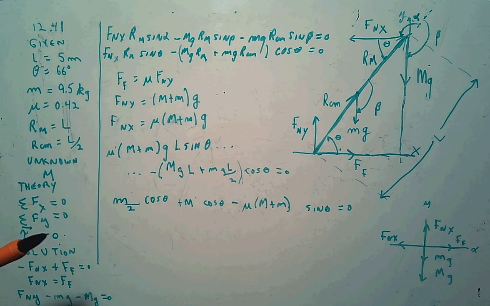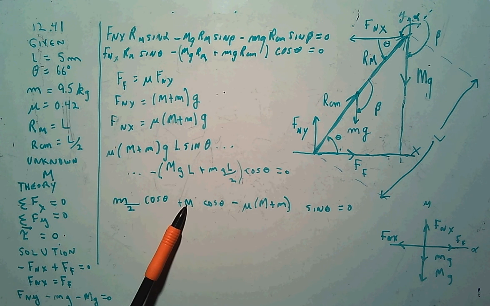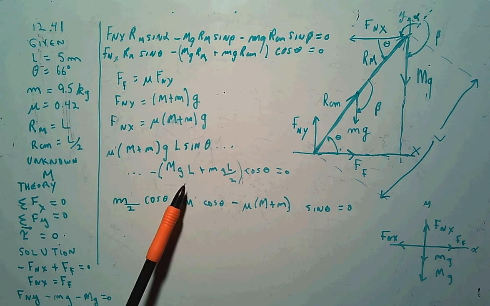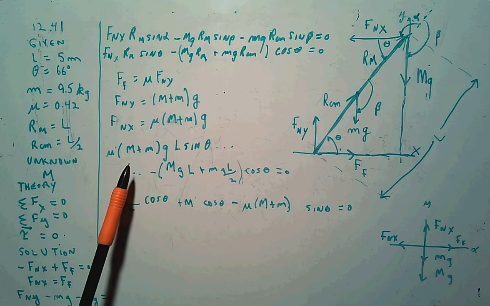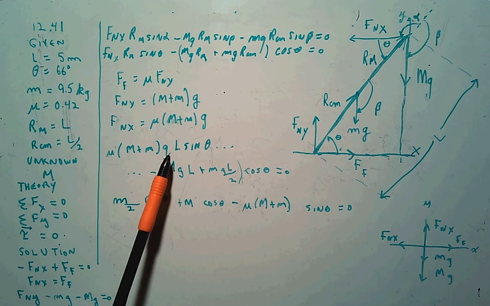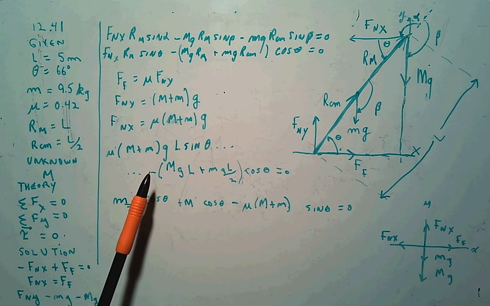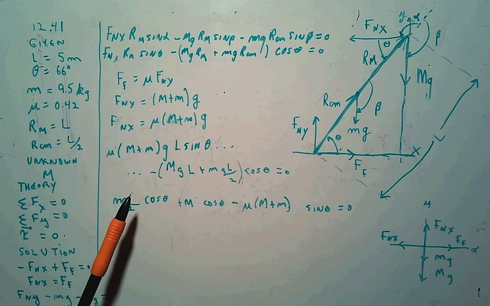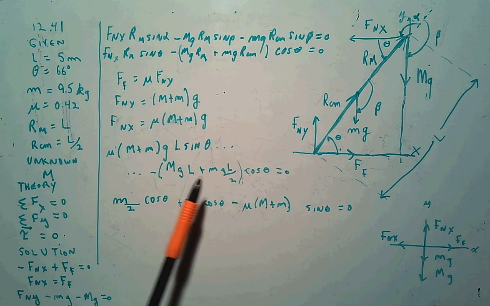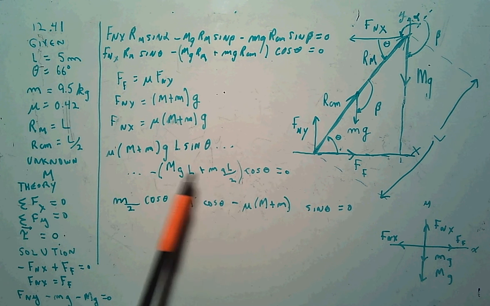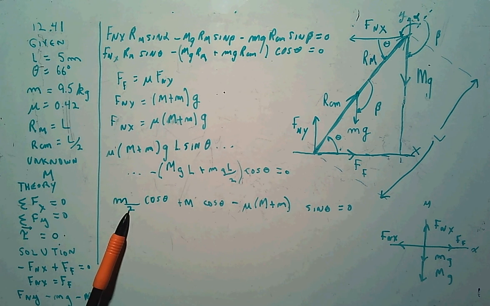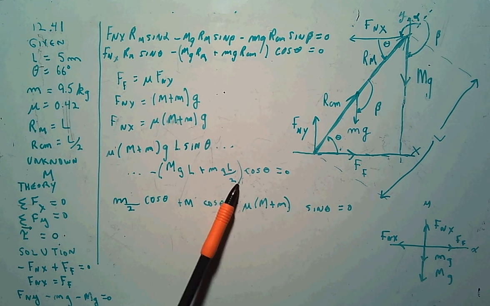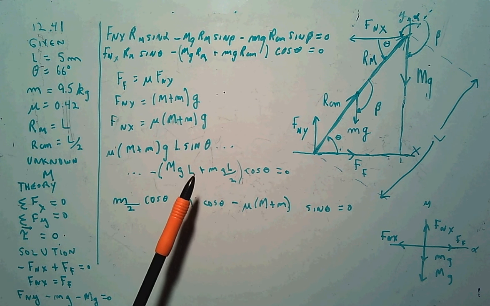And then all I've done in the next term is just begin the process of isolating the mass of the person sitting on the top of the ladder. So all I've done right here is just get rid of the g's and the L's, and then expand this term right here. So that's m over 2 times cosine theta.